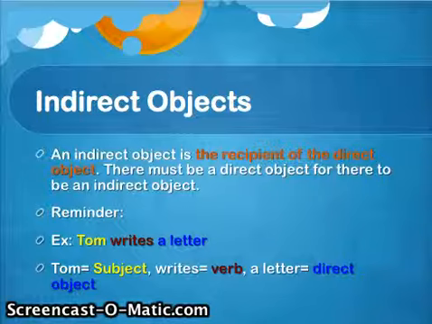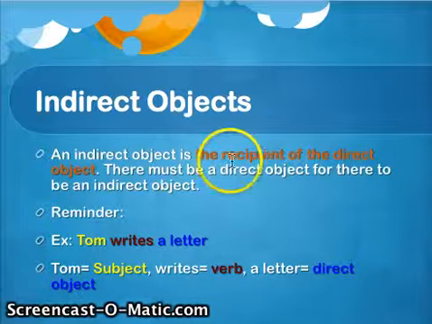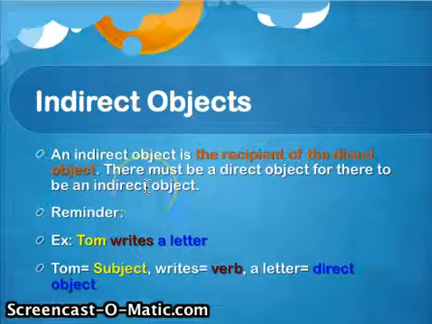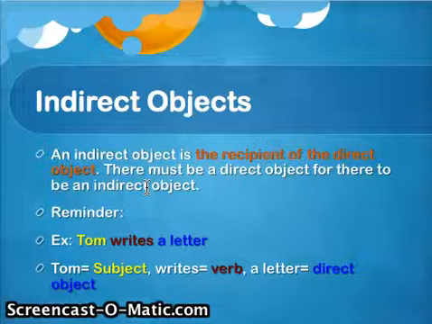All right, so in order for there to be an indirect object, there has to be a direct object there to begin with. So let's go back to the example that I've used in our direct object sentence.